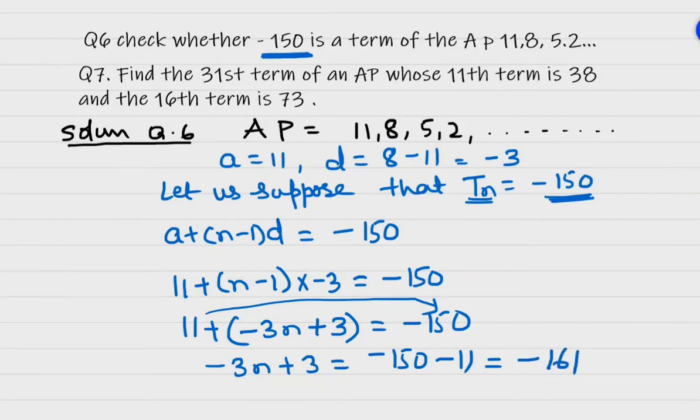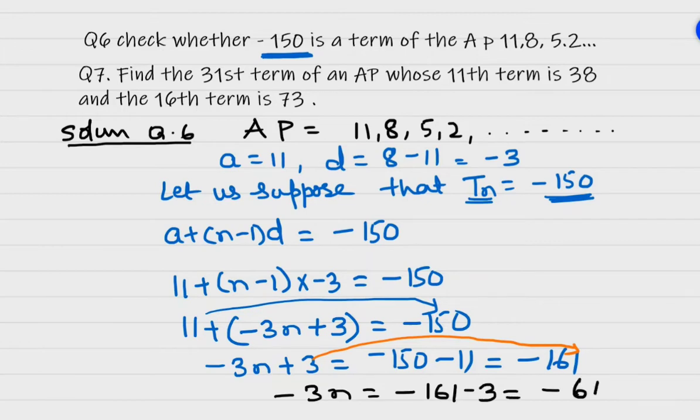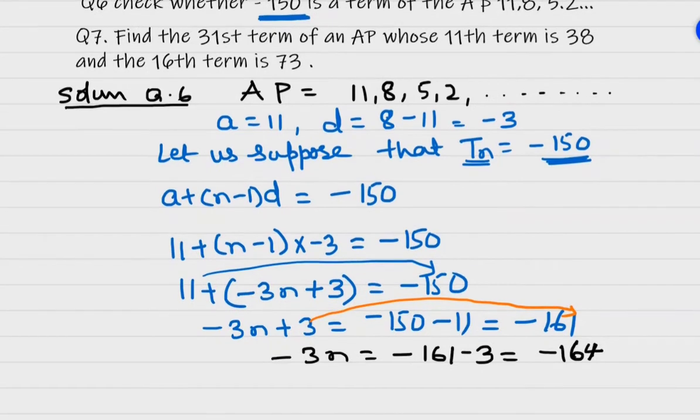Now again, this 3 will also go to this side. It will become minus 161 minus 3. So minus 3n is equal to minus 161 minus 3, that is minus 164. And from here your n is equal to minus 164 divided by minus 3.